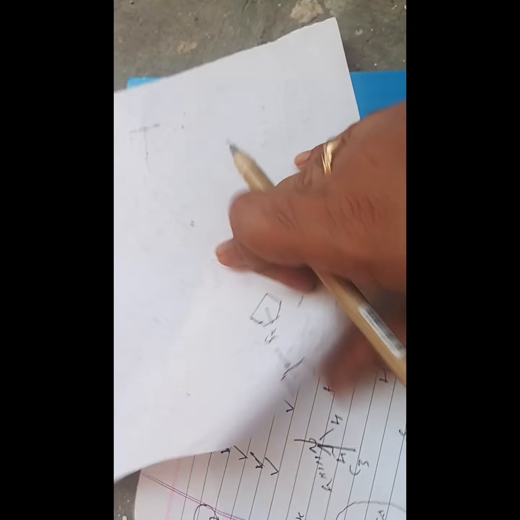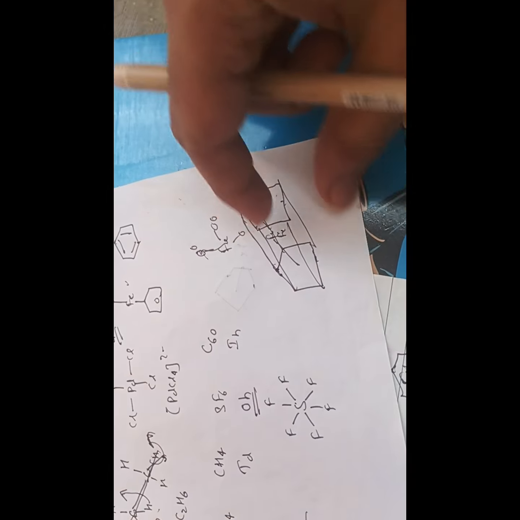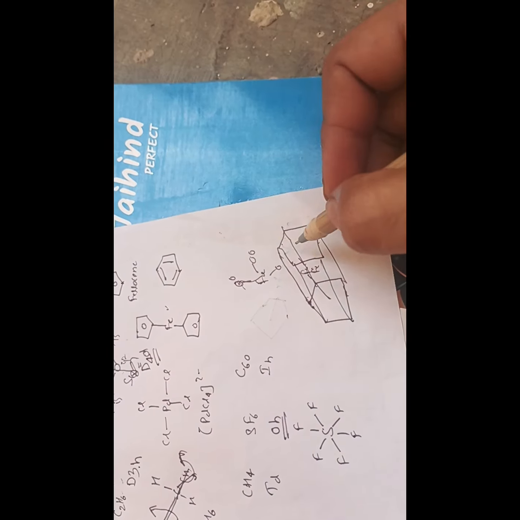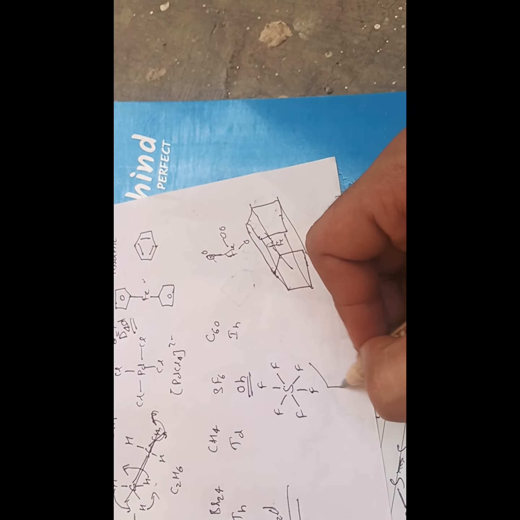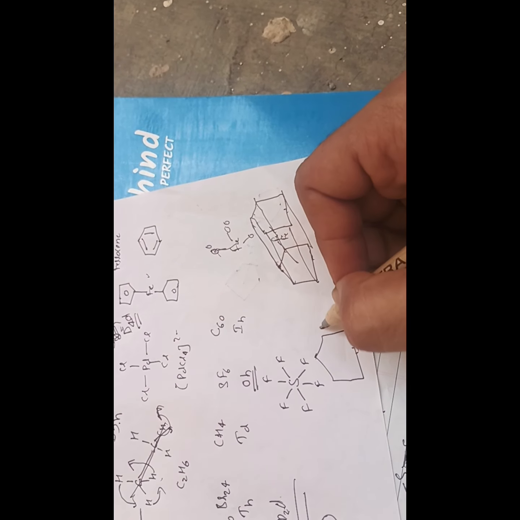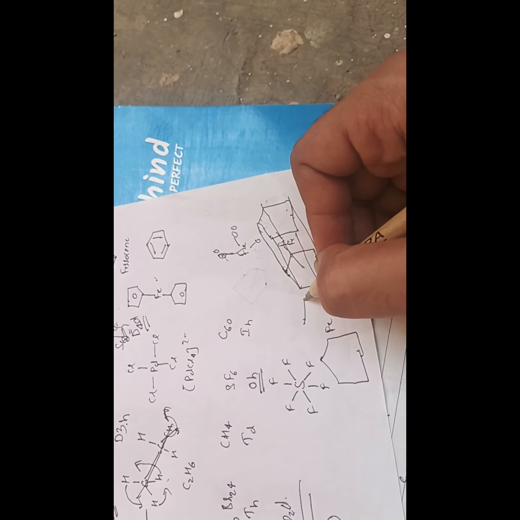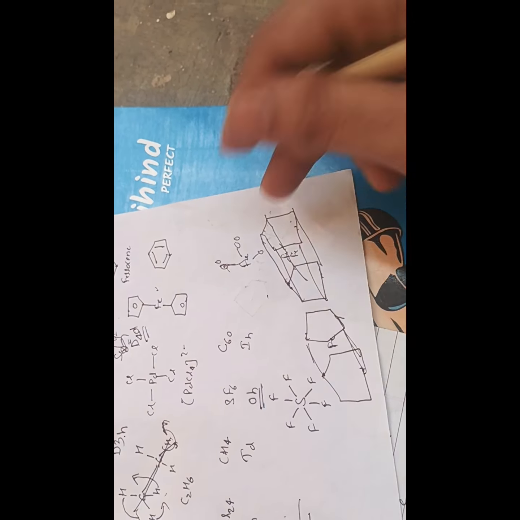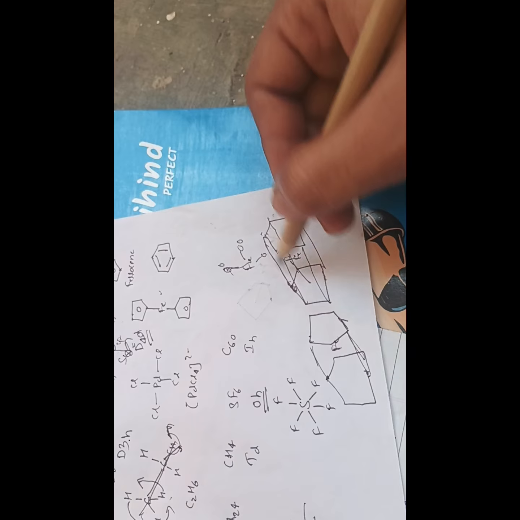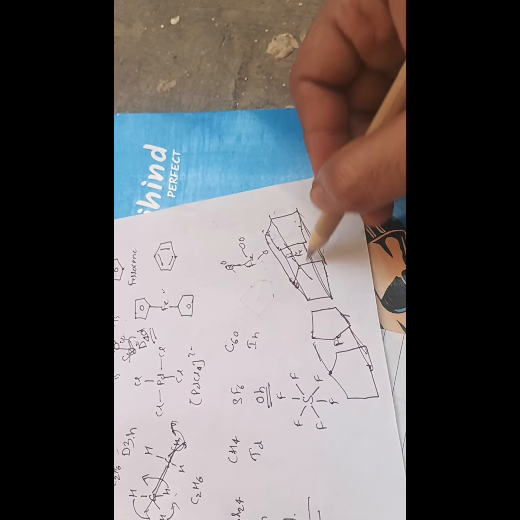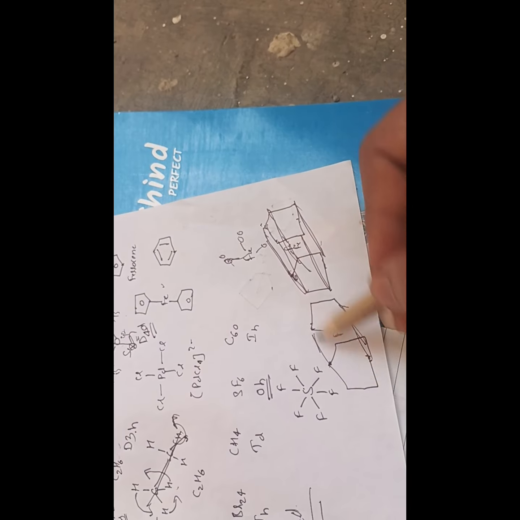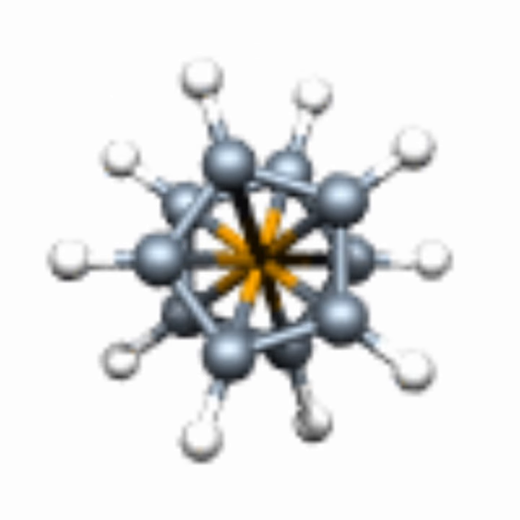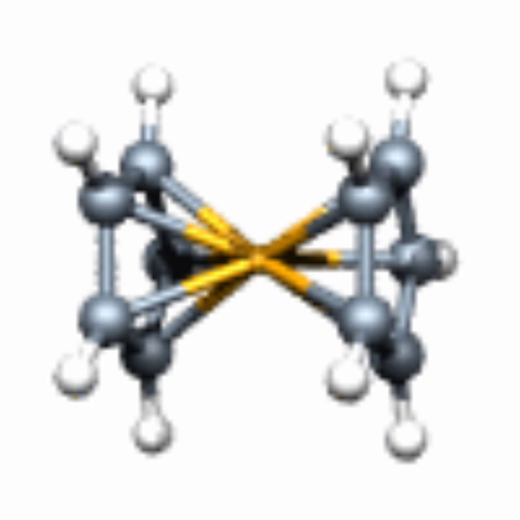Here there will be no similarity, meaning this will be rotated like this. So there will be no symmetry like this. It will point upward and there will be symmetry like this, understand? But there is no symmetry like this. This is the main difference.